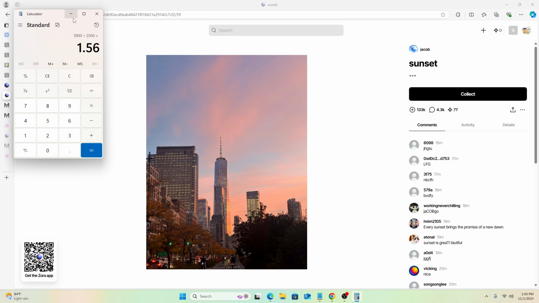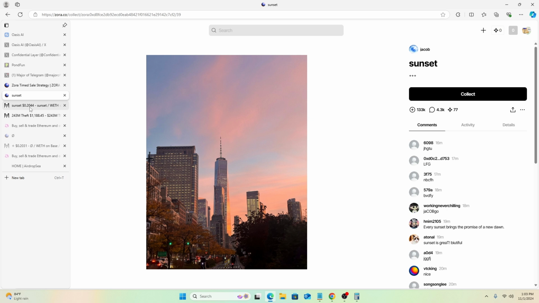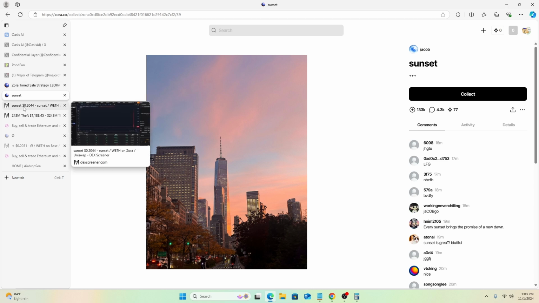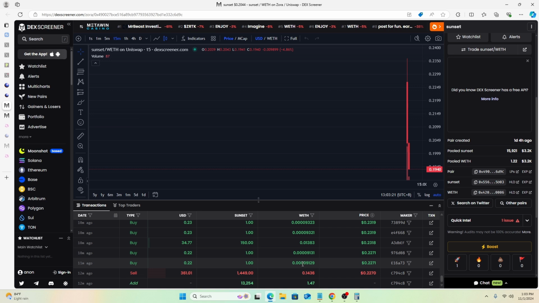Okay, so 1.56. So around that amount of ETH is added into the pool from the amount of funds raised. So that's what you see here, around 1, this is just an estimate. So 1.47 ETH was added.